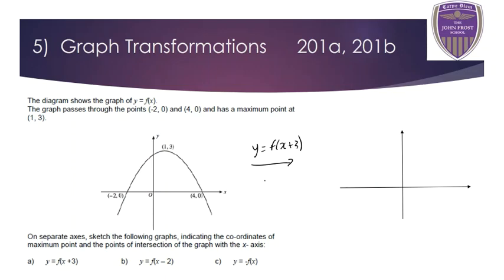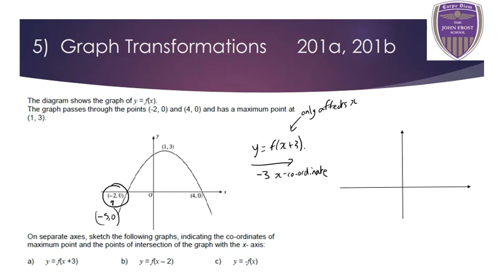The inverse of adding 3 is to take 3 off each x coordinate. So if I focus on this point here, the x coordinate is the -2. If I take 3 off that, it takes me to -5, 0. So this one, it only affects the x coordinate.